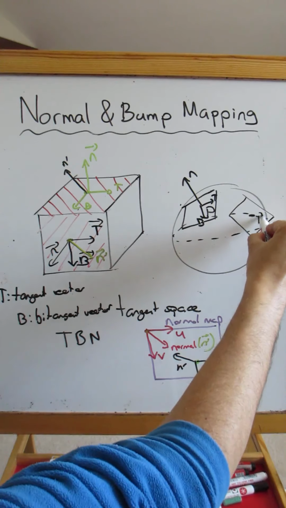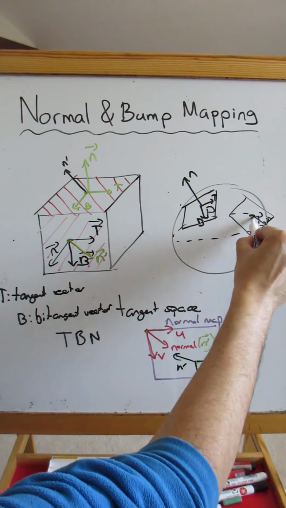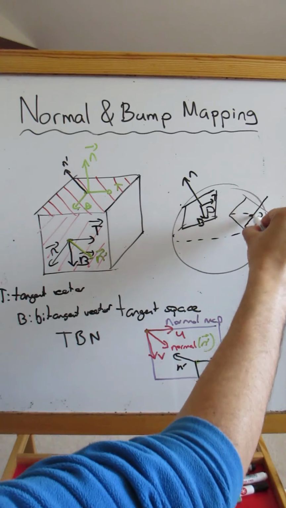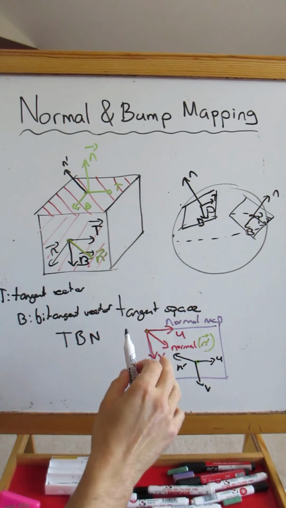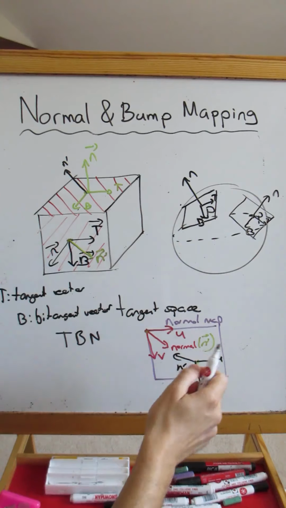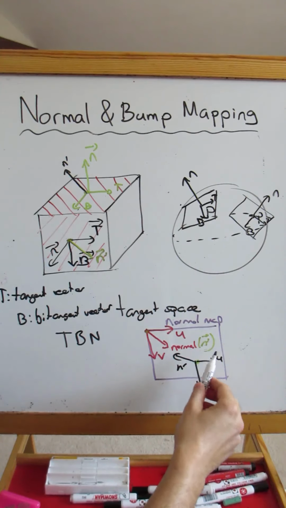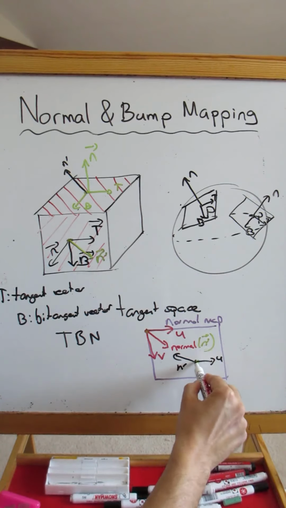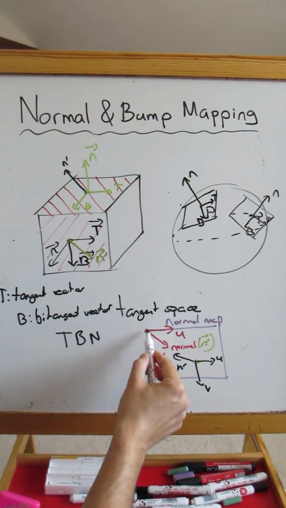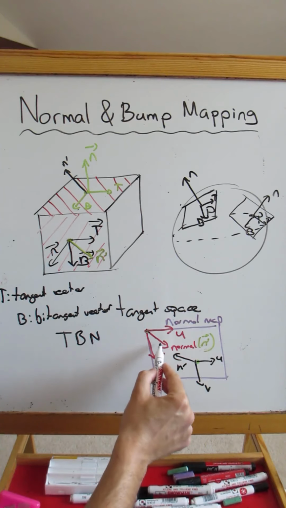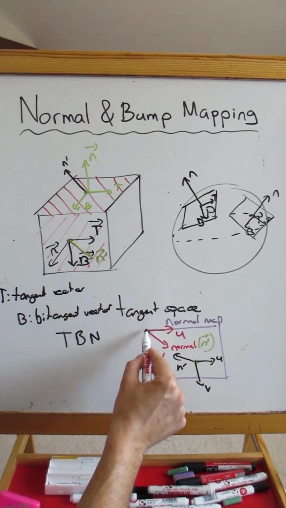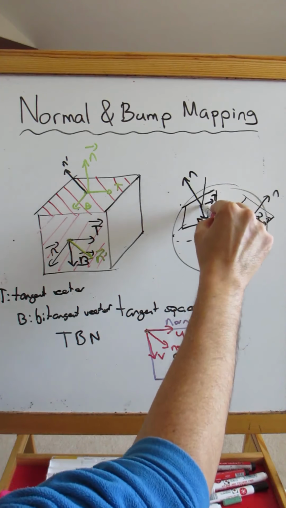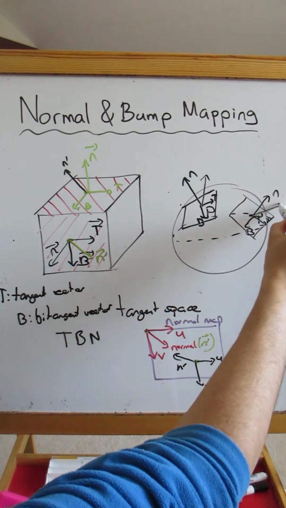For this point P, you have a different tangent plane, T, B, N. Imagine that we were selecting the same normal, pointing towards U. In this case, the normal that I get from the normal map is going to point like that, and for here it's going to point like that.